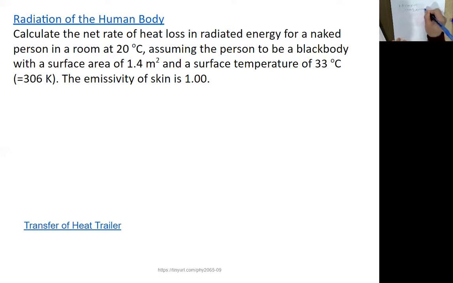Then the surface area. T2 is the surrounding, so that should be 293.15 Kelvin to the fourth, converting from 20 degrees Celsius, minus 306.15 Kelvin to the fourth, which is 33 degrees Celsius converted to Kelvin. The result will be negative 110 watts.